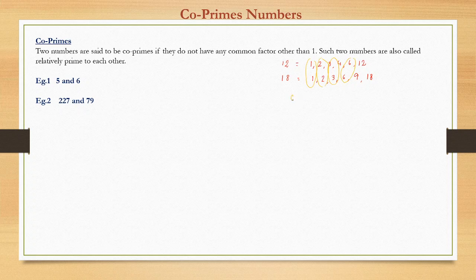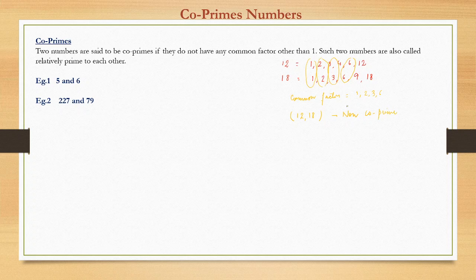So the common factors are nothing but 1, 2, 3 and 6. So there are four common factors. So can 12 comma 18 be co-prime? No, these are non-co-prime because there are more than one common factor.